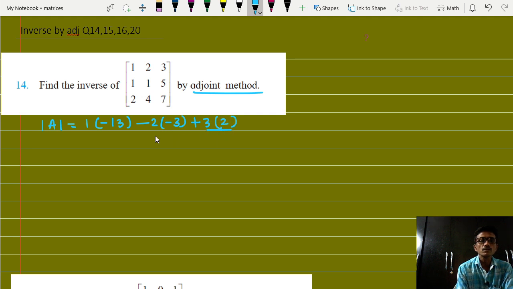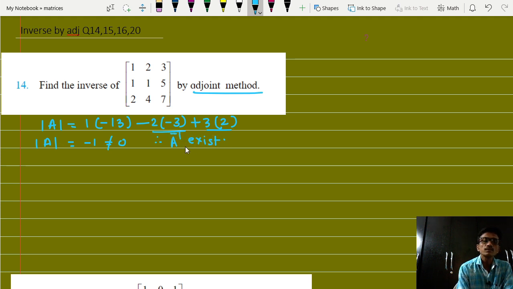So this is 6 and this is 6, 12, and this minus 13, that is equal to minus 1. This determinant of A is clearly not equal to 0. So A inverse exists.